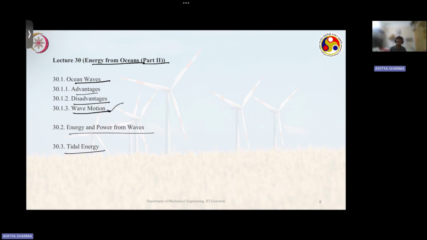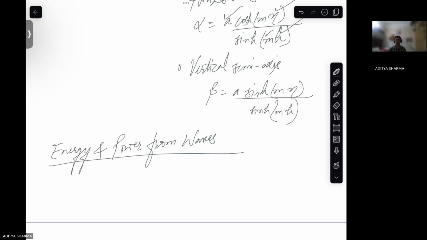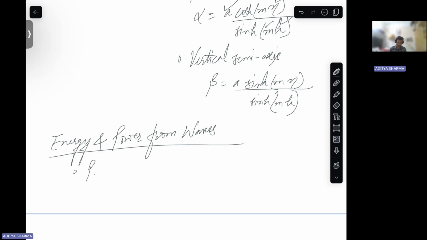Then is your energy and power from waves. I have told that if it's sinusoidal, then they both are the same.